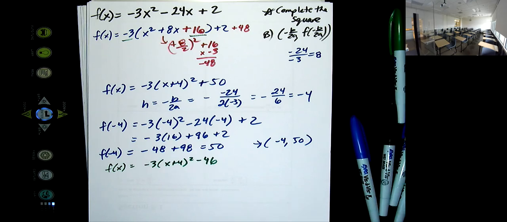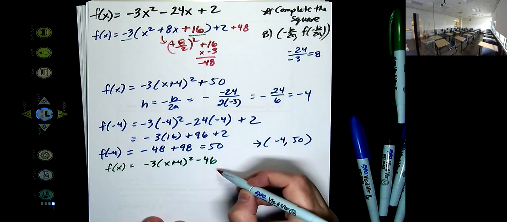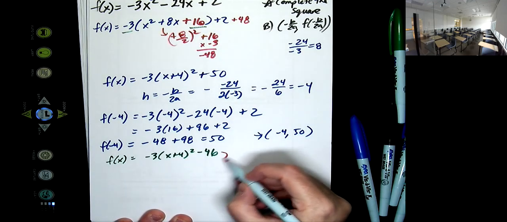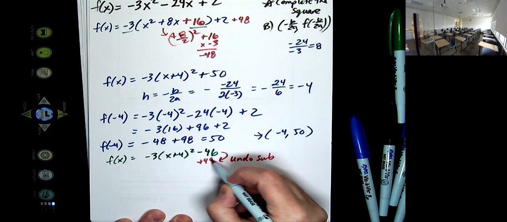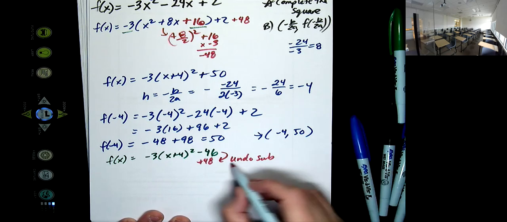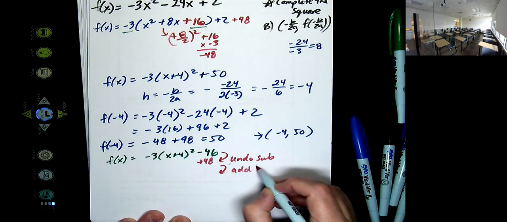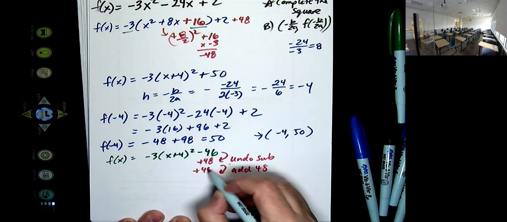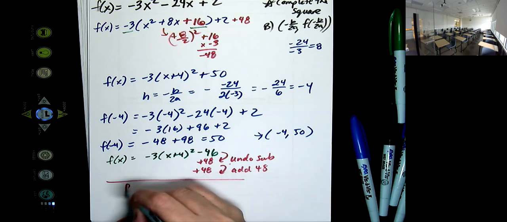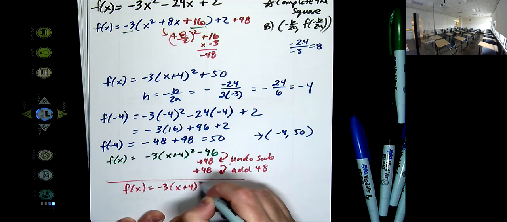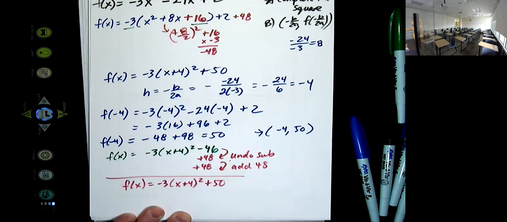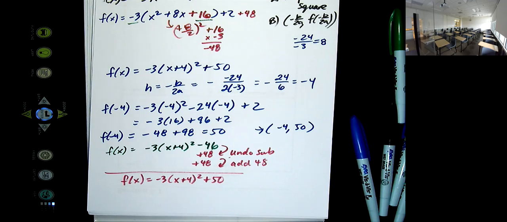Instead of subtracting 48, I added 48. So the way you check it is you undo the subtract by adding 48, and then do the add 48. But it's good to know both ways.